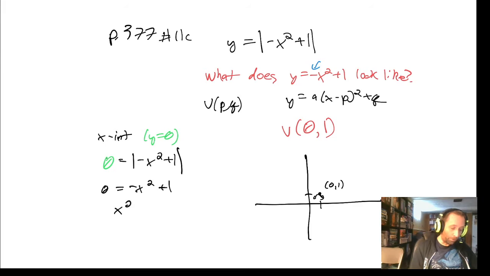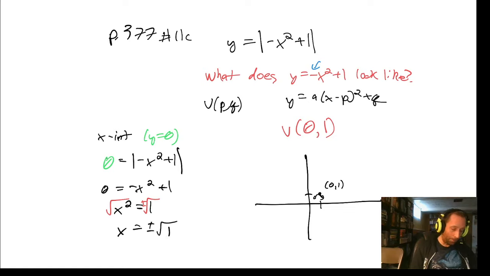So if we just rearrange this, we get x squared equals 1. Next step would be to take the square root of both sides, ensuring that we do the positive and negative square root on the right-hand side. So x is equal to plus or minus the root of 1. So that means that, more specifically, root of 1 is just 1. So that means we have (negative 1, 0) and (1, 0).